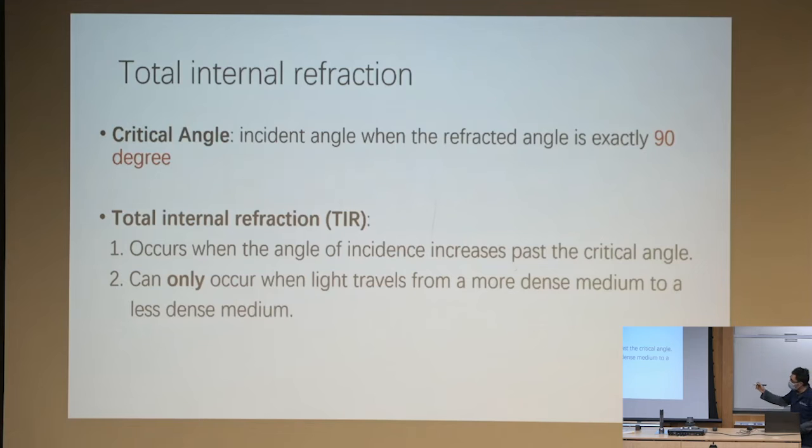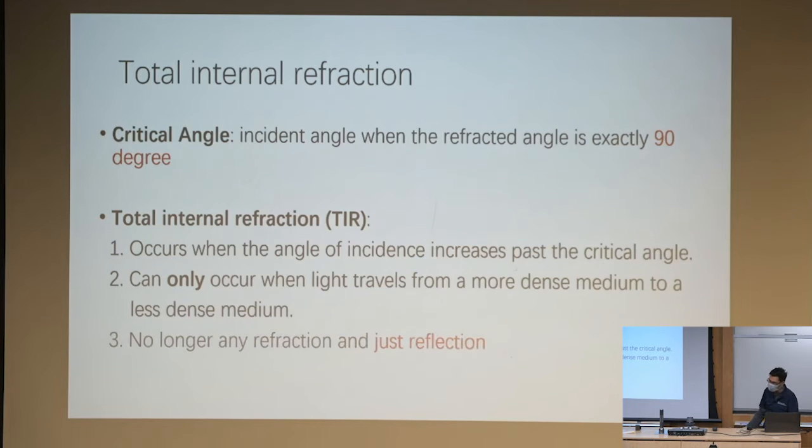The second is that it can only occur when light travels from a more dense material to a less dense material. Vice versa, you cannot see this phenomenon. And third, there is no longer any refraction, just reflection.